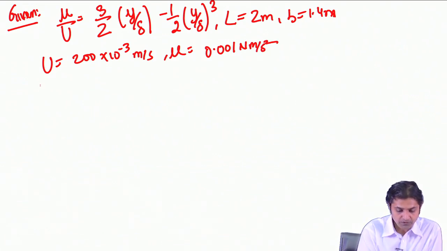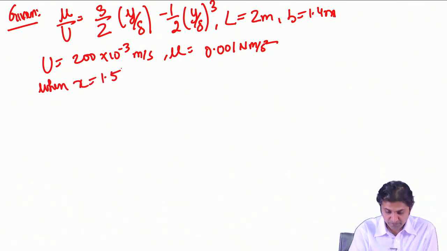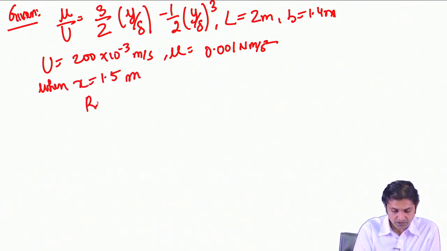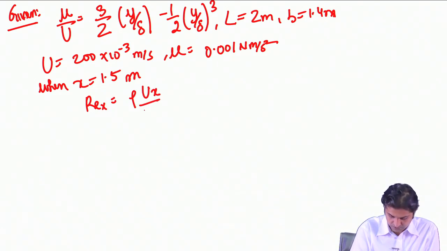What we do when x is equal to 1.5 meter, the Reynolds number at x is going to be rho Ux by mu.